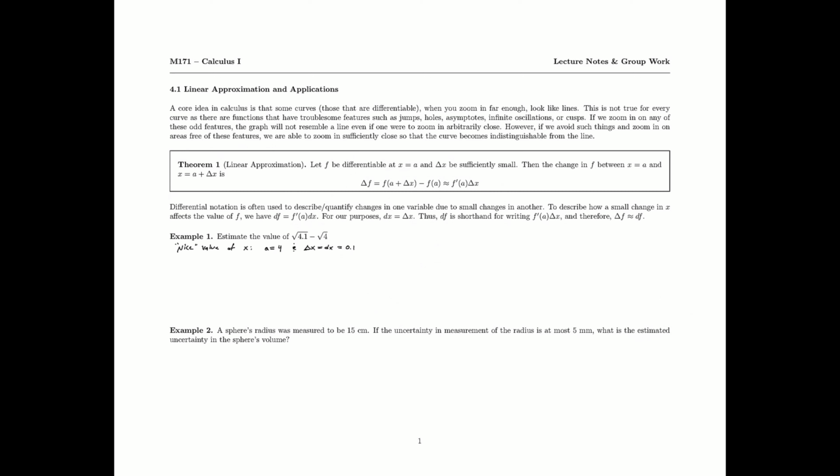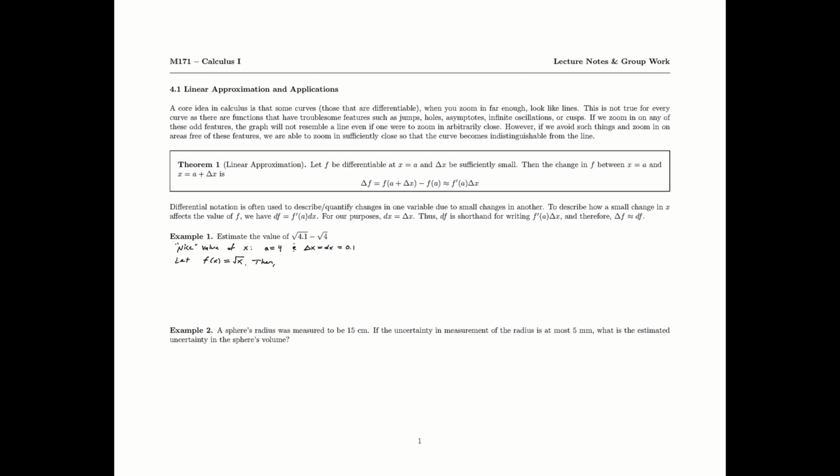So then what would our function be here? Because we've identified what our a and delta x or dx are, but what about f? What's this function? Well, it would be what's being done to each of these values, and that is the square root. So let f of x be equal to the square root of x.